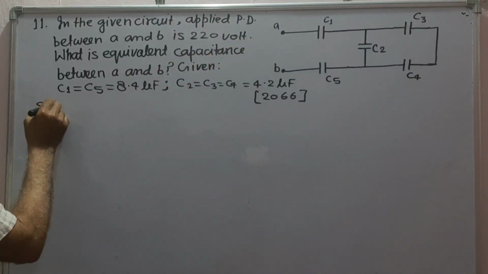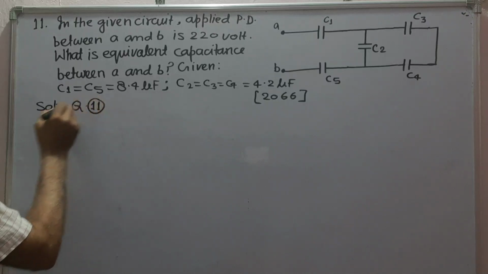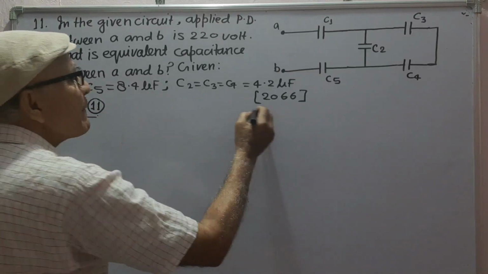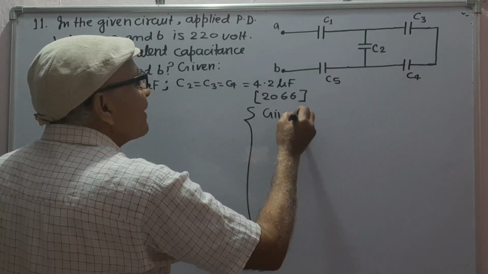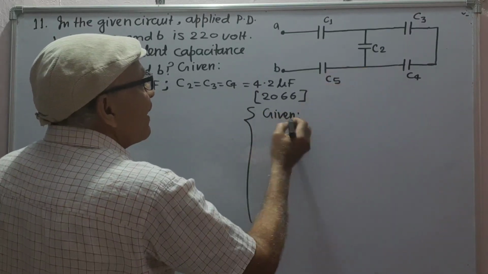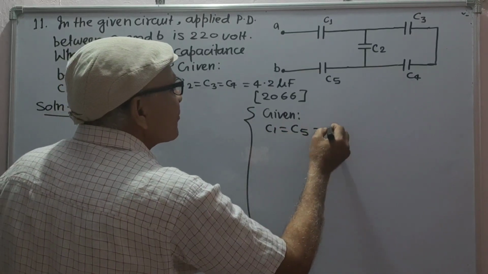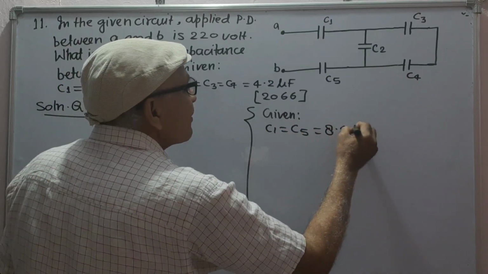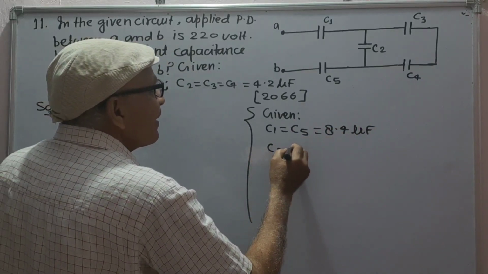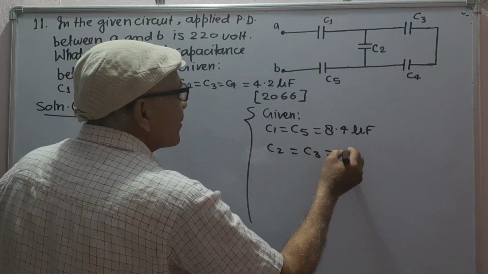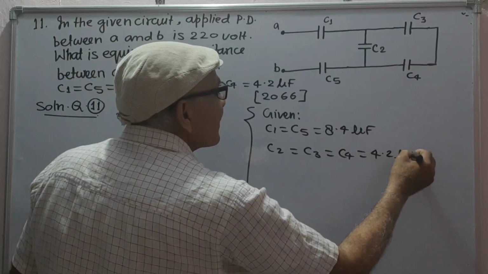Now, solution to question 11 here. Given C1 is equal to C5 is equal to 8.4 microfarad and C2 equal to C3 is equal to C4, 4.2 microfarad.